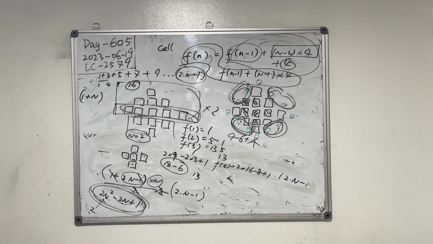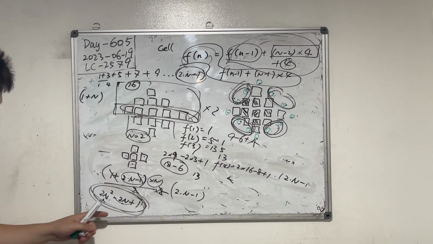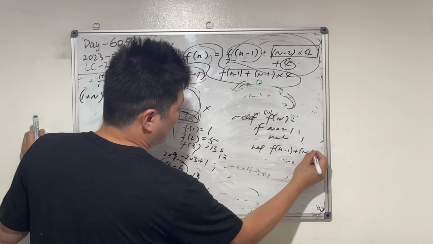So this is the equation, and obviously we can solve this using math. We can also solve this using recursion, which is define f n. If n equals 1, return 1. Otherwise, return f n minus 1 plus n minus 1 times 4.